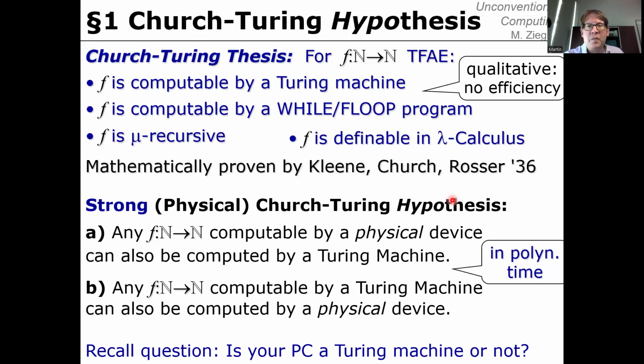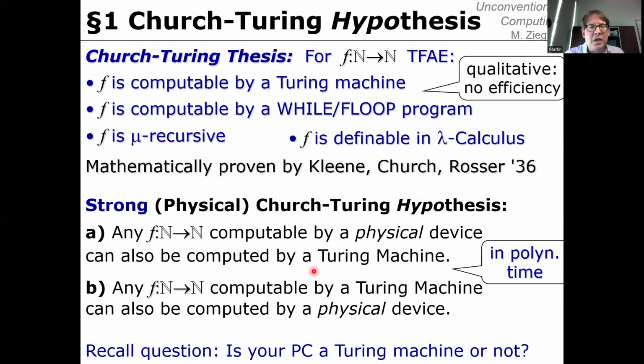Your computer has a lot of memory, but it is, after all, bounded. And if you use virtualization, then its memory is going to be huge, but it's still going to be bounded. So item B of the physical Church-Turing hypothesis is still something to discuss, something to keep in mind.